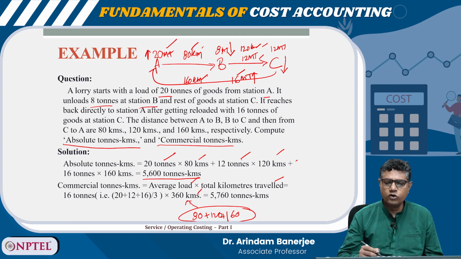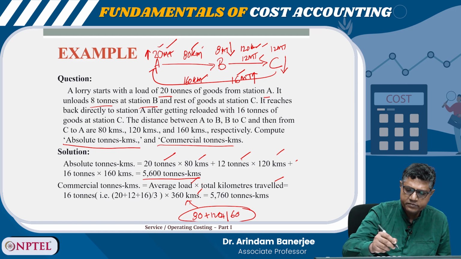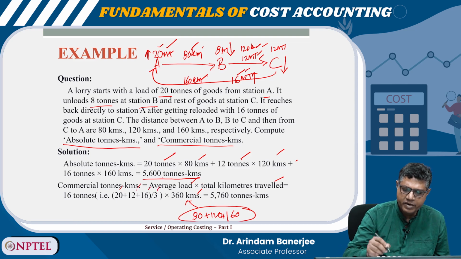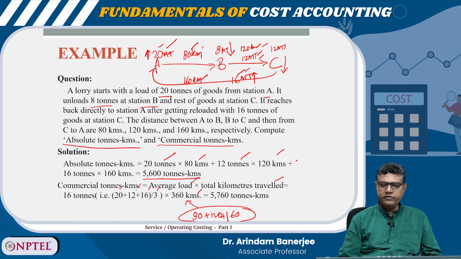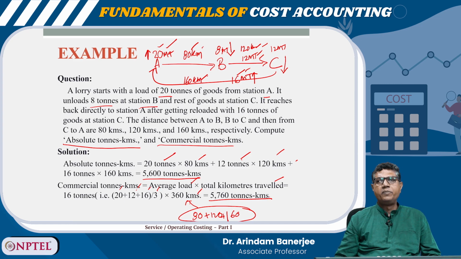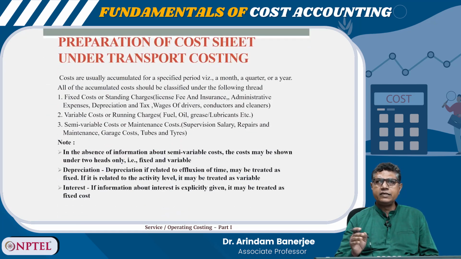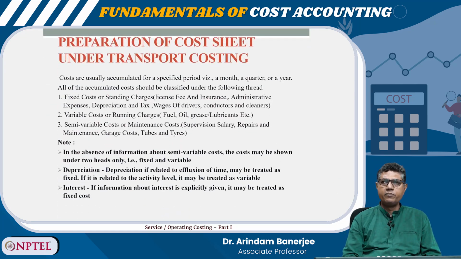And what is the average load? Average load is 20 plus 12 plus 16 divided by 3. If you compute this, the commercial ton kilometers is coming at 5760 ton kilometers, fine, okay. So, this was the example of a transport company of how to calculate the cost rates.